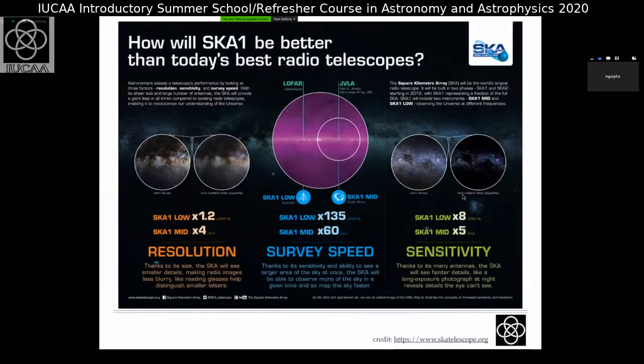And then on the rightmost, you can see the difference in the sensitivity, right? You can look at the numbers also, 8 times more sensitive and 5 times more sensitive compared to LOFAR and VLA. And in terms of resolution, again, it is much more.